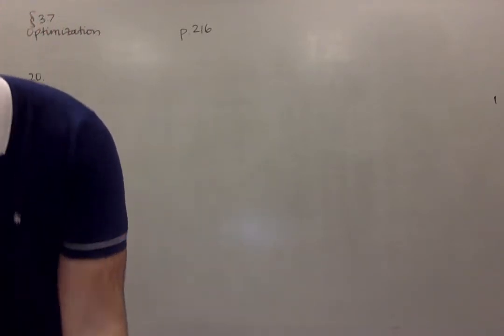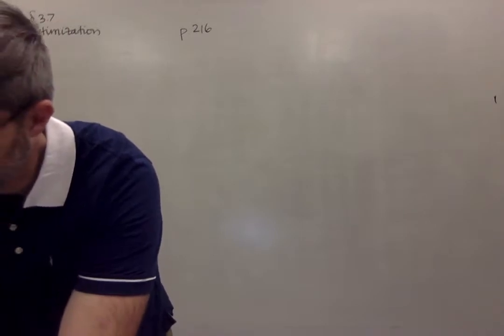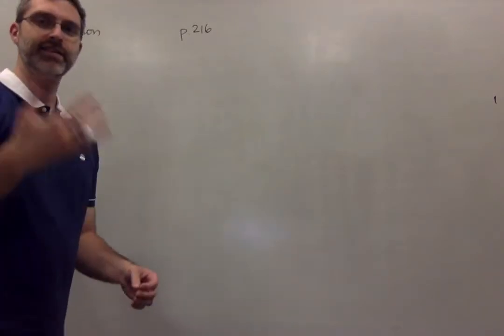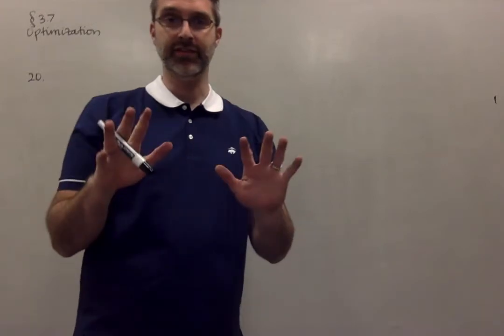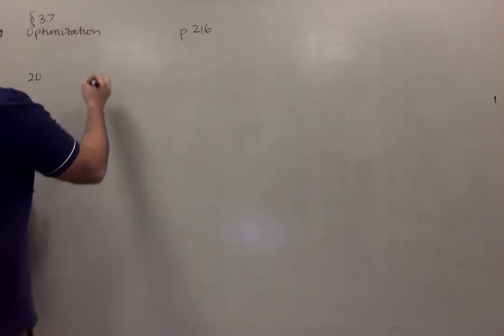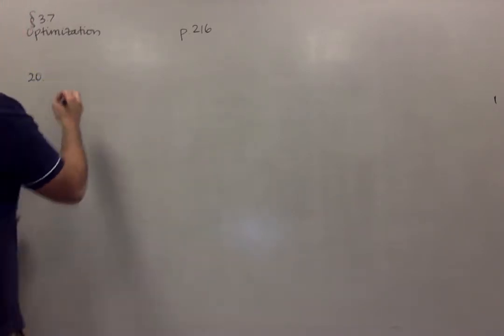So we want to make an open box from a square piece of material by cutting equal squares from the corners and turning up the sides. We actually had a problem like this way at the beginning of class when we first started back in the fall. The idea is we've got a piece of paper that's 24 inches on each side.